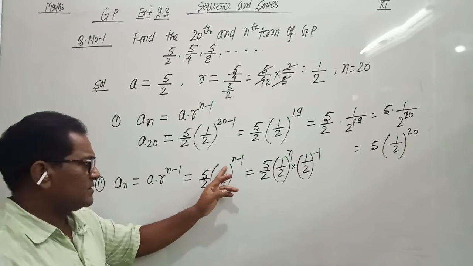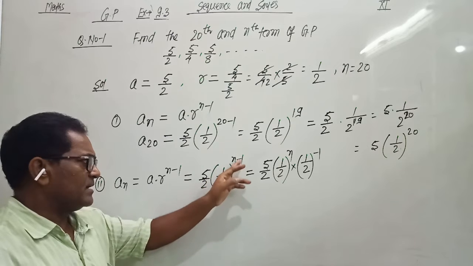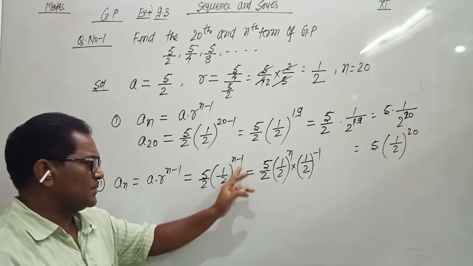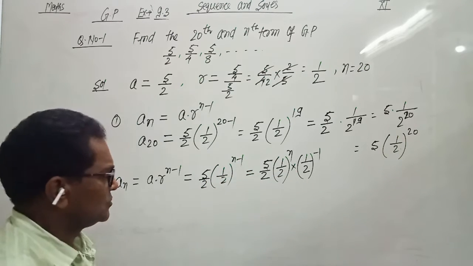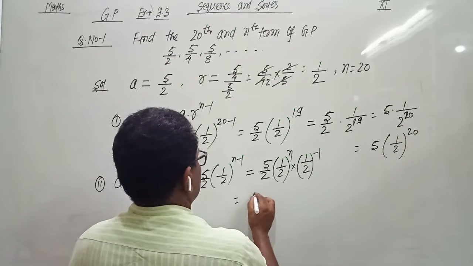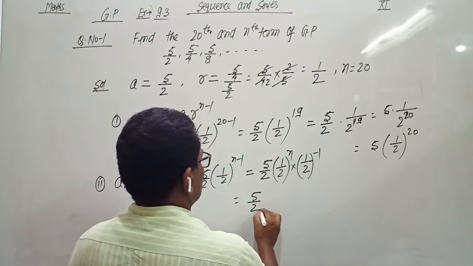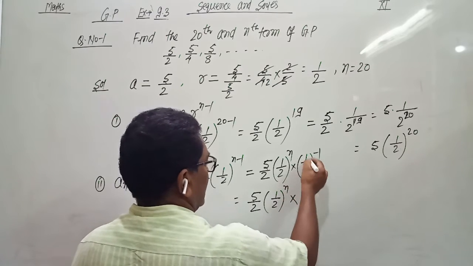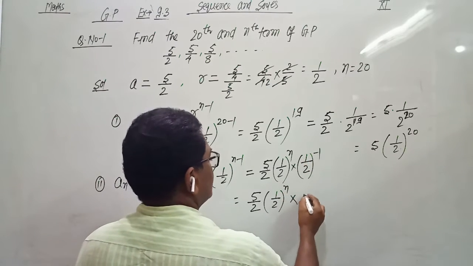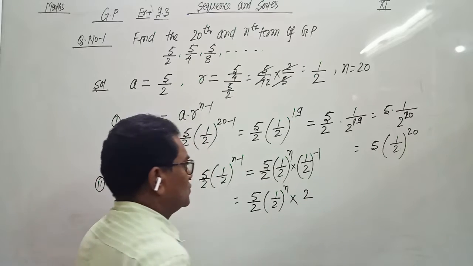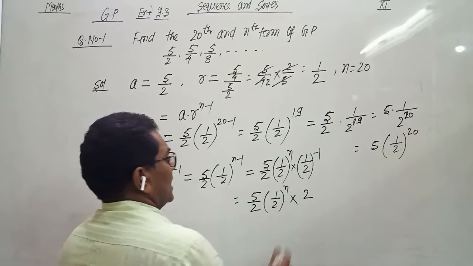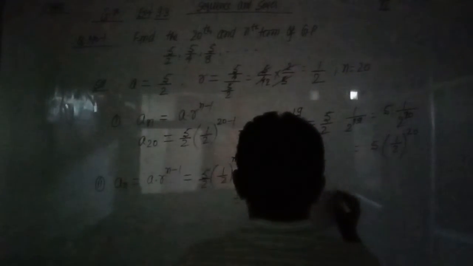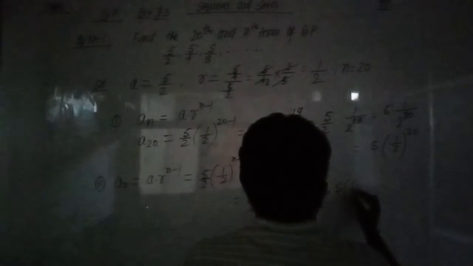We have separated the power n minus 1. So 1 by 2 raised to the power n into 1 by 2 raised to the power minus 1. This is written as 5 by 2, 1 by 2 raised to the power n, and 1 by 2 raised to the power minus 1 means 2. And 2 and 2 cancel, and the result comes to be 5 into 1 by 2 raised to the power n.